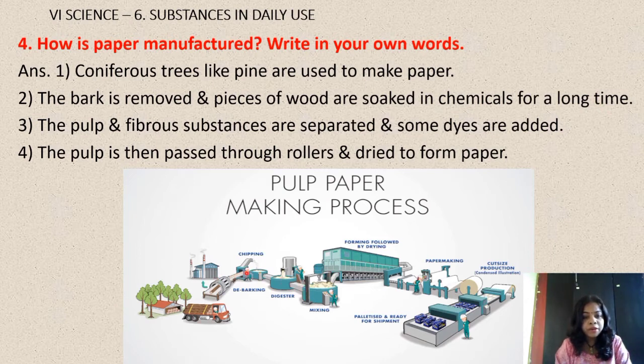Wood is converted into powder and that is soaked in chemicals. The pulp and fibrous substances are separated and some dyes are added. Then the separation takes place and the dyes, meaning color, are added. Usually white color, children. The pulp is then passed through rollers and dried to form paper.